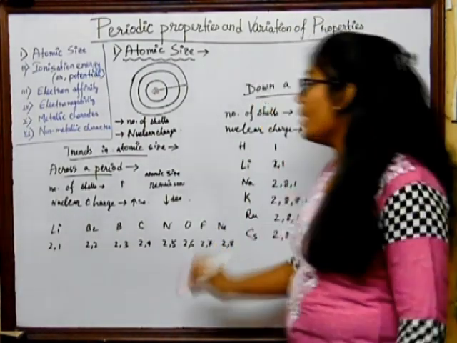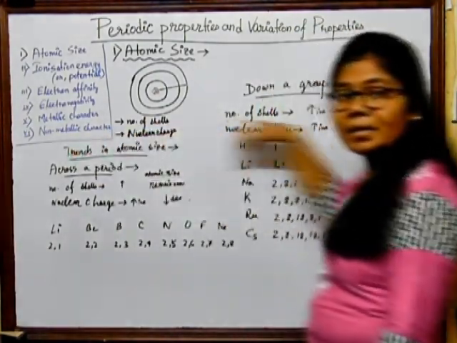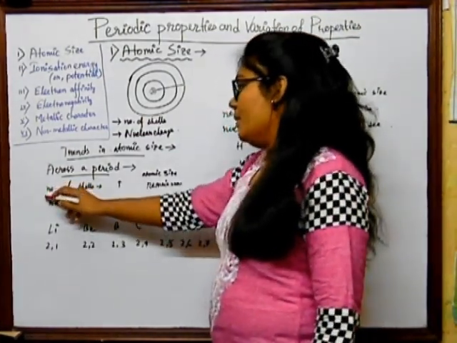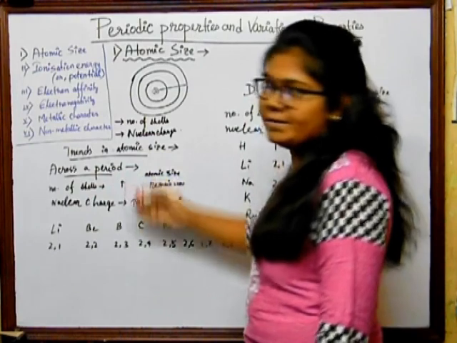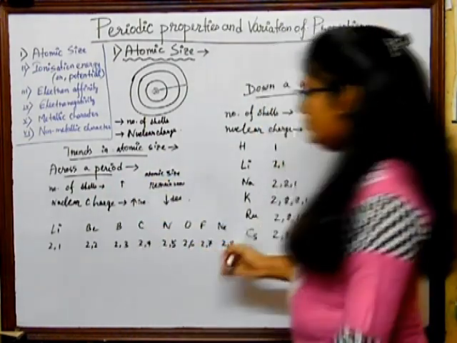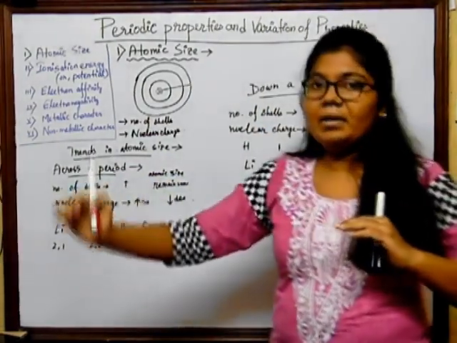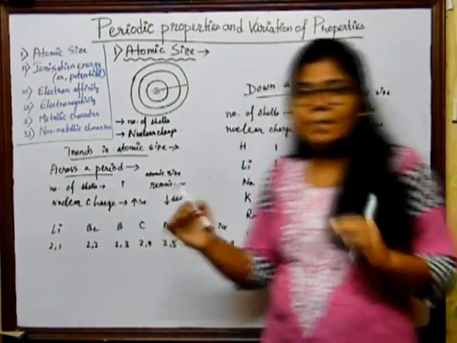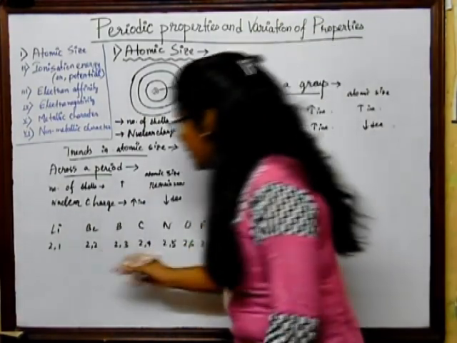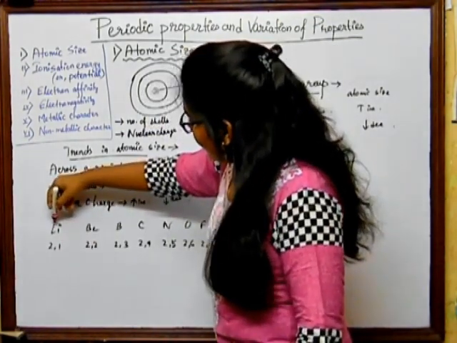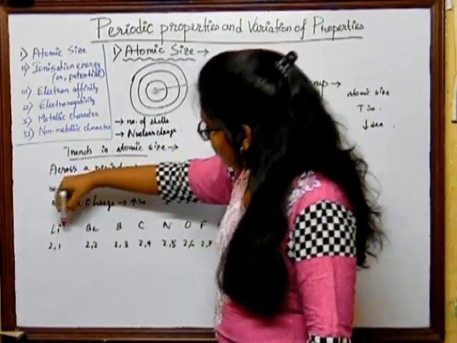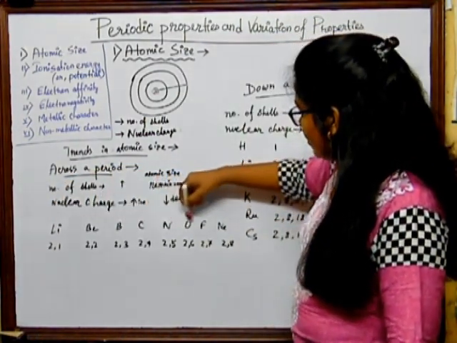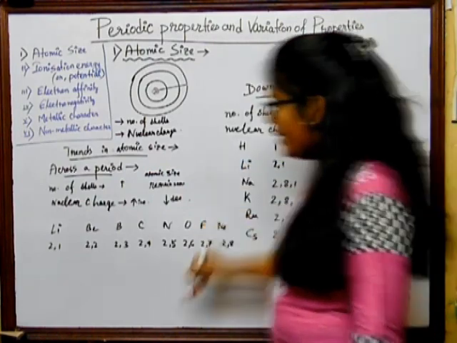At first we will discuss across a period. Across a period, the number of shells remains the same. For example, in the second period, the atoms are lithium, beryllium, boron, carbon, nitrogen, oxygen, fluorine, neon.